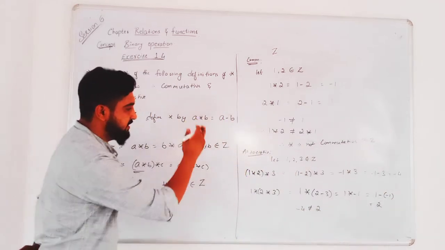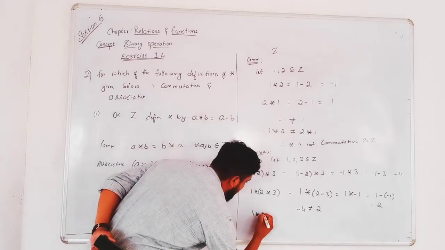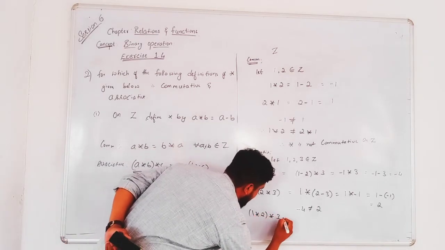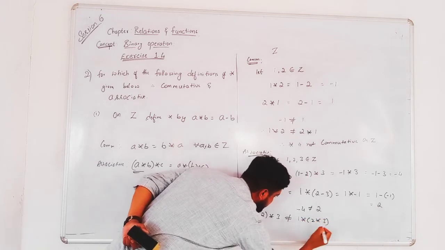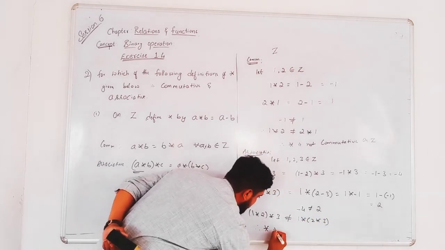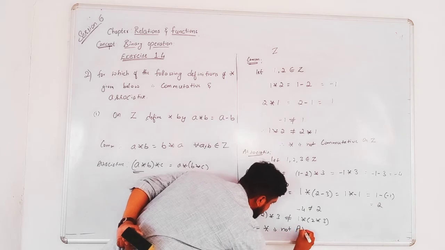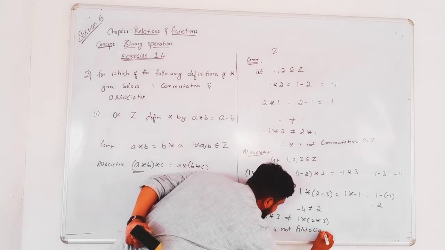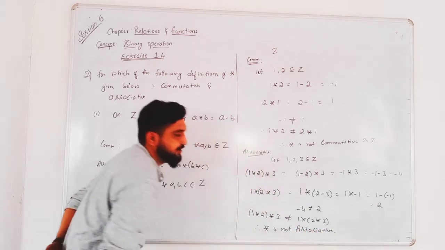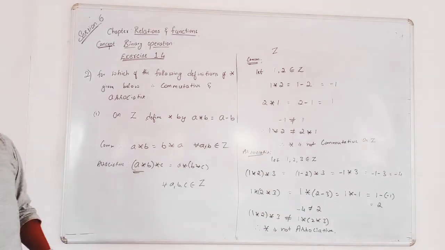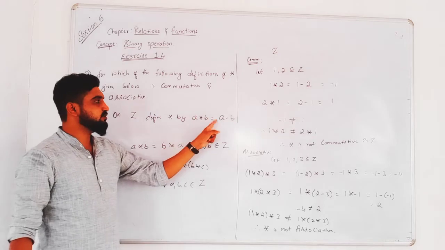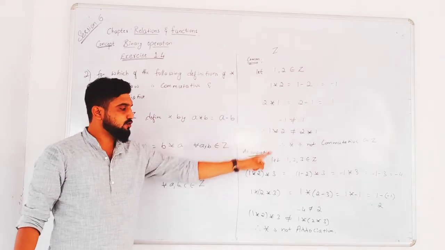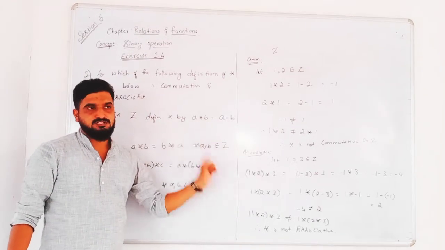So that's why (1 star 2) star 3 is not equal to 1 star (2 star 3). So that's why this star is not associative. I have given a counter example to show that on Z plus, star defined by A star B equal to A minus B is neither commutative nor associative. Okay, so this is the first example.